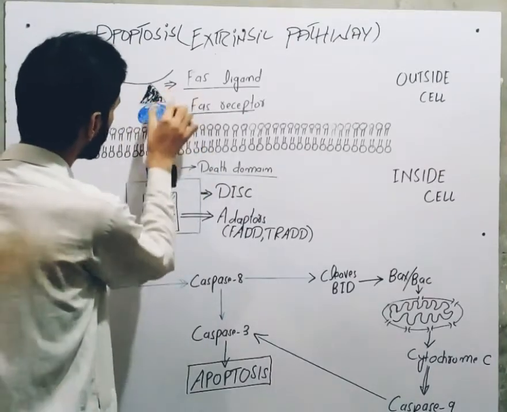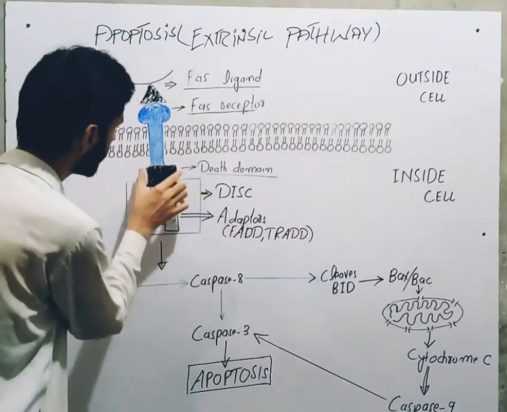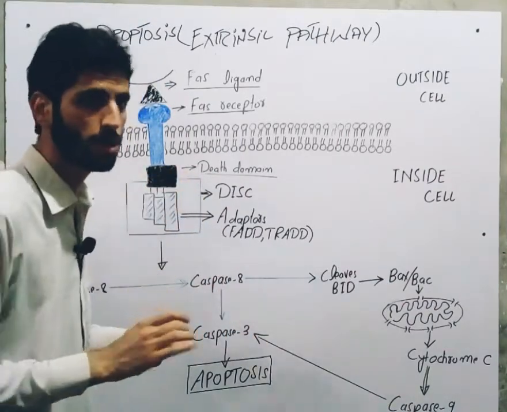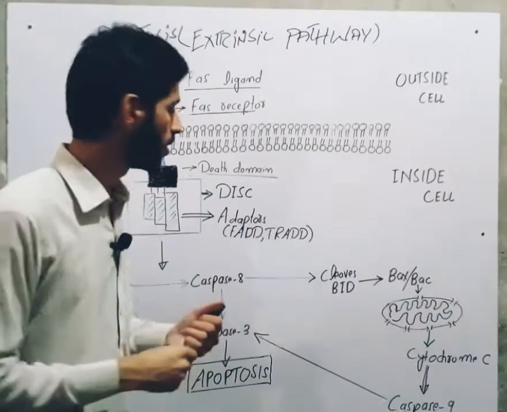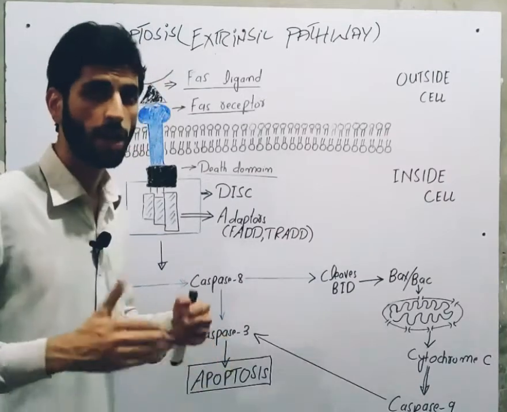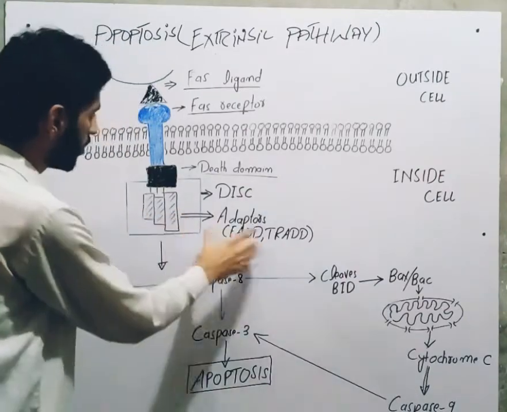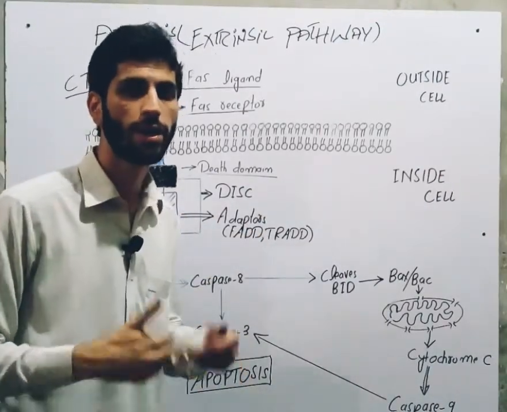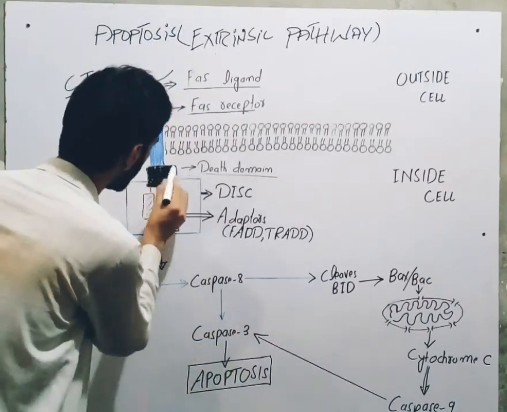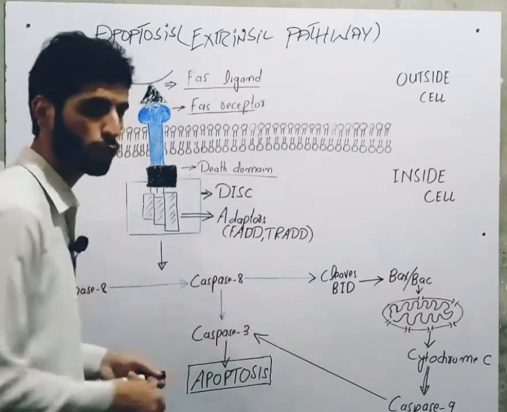When this FAS ligand binds to this FAS receptor, what happens next? Conformational changes occur in this death domain. The death domain changes its structure, and when it gets activated, what happens next? Inside the cell there are molecules called adapter molecules, which take signals from this death domain and activate the next pathway.